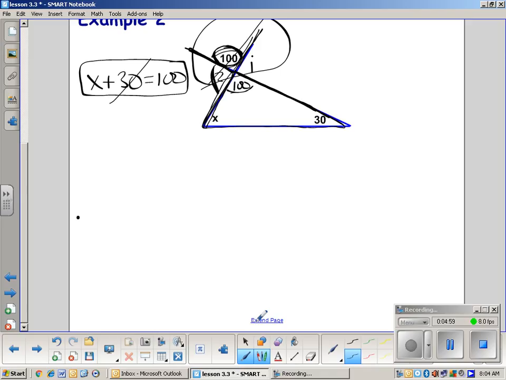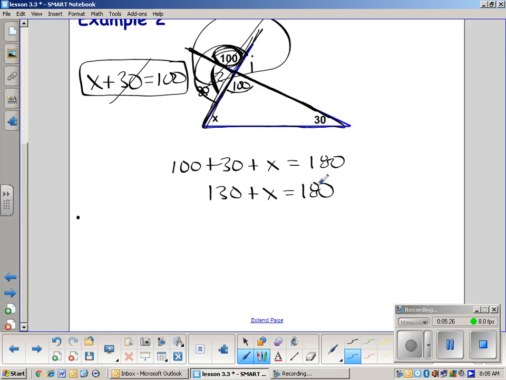So you can do what Hunter said. You can find this to be 80, because 180 makes this straight angle, right? And you could say x plus 30 equals 80. Or you can say 100 plus 30 plus x equals 180. And so 130 plus x equals 180. X, yep, minus 130, so x equals 50 degrees.